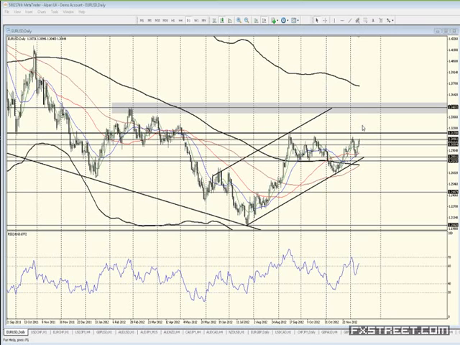It hasn't broken yet, so I can't say that yet, but that is sort of my bias as well. I do have a slightly bullish bias on the euro dollar at the moment, and if it breaks 1.3170, I'm looking at the 1.3480 area. Okay, you can expect some choppiness here.